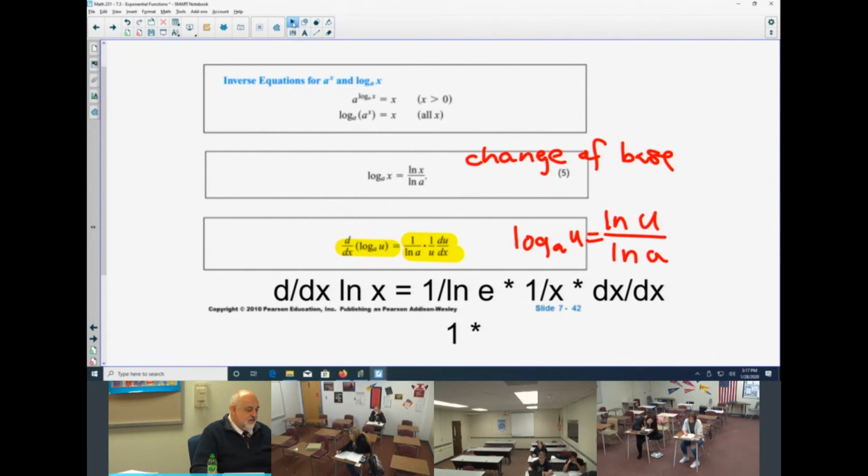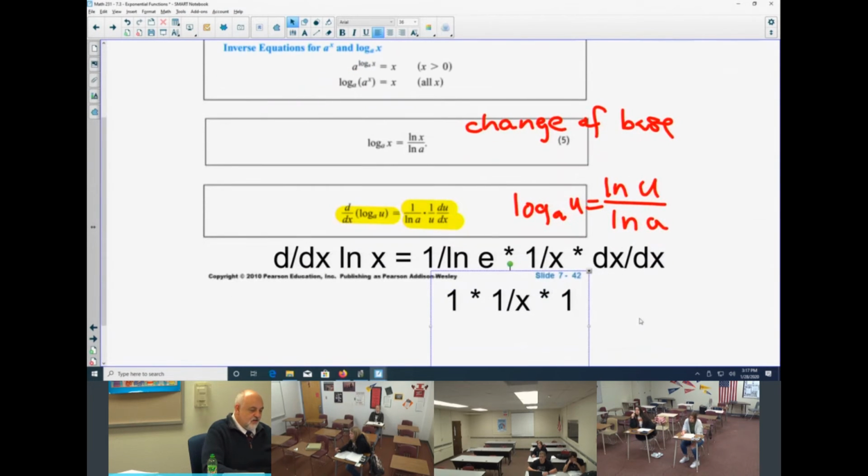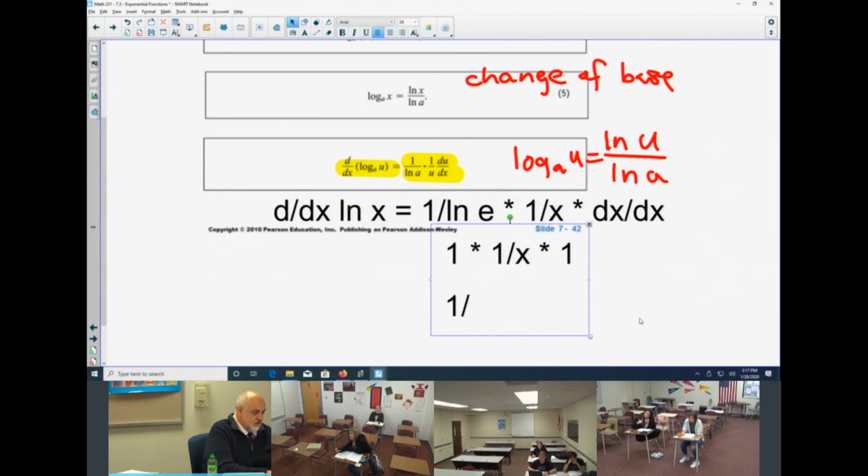This typing is really butchering this, I'm sorry. So 1 divided by x, and then times 1. And so all of that would just give us 1 over x. So the derivative of the natural log of x is just 1 over x.